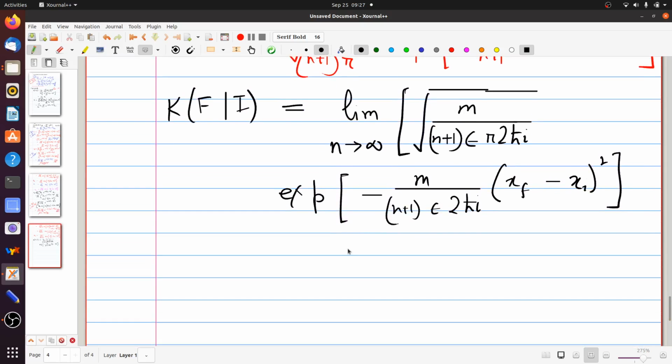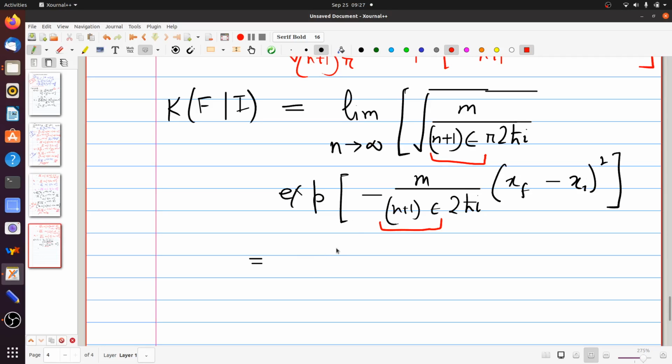Now the limit essentially becomes very trivial, because the only thing which depends on n are here n plus 1 and epsilon, and here. And we know that n plus 1 times epsilon is tf minus ti.